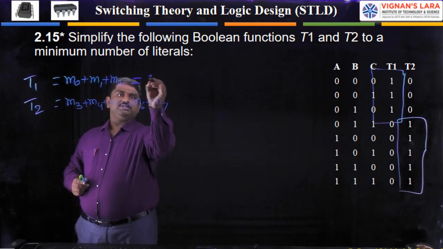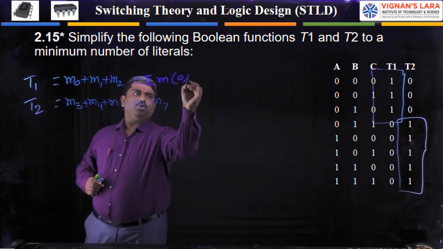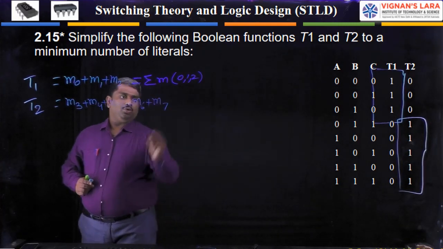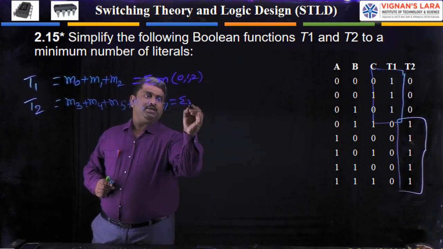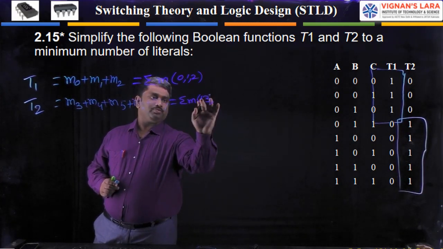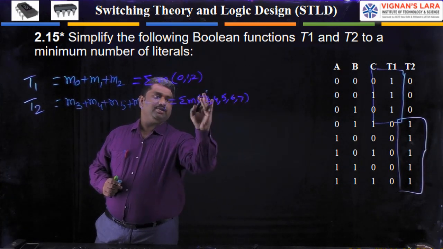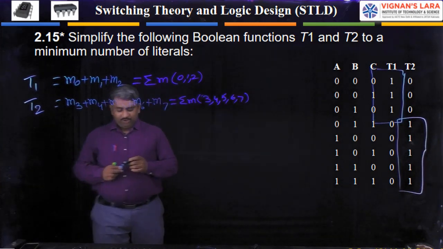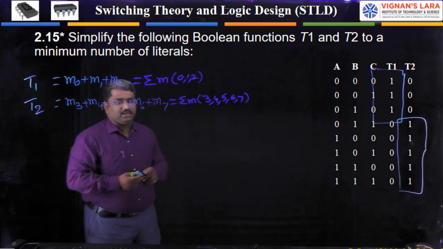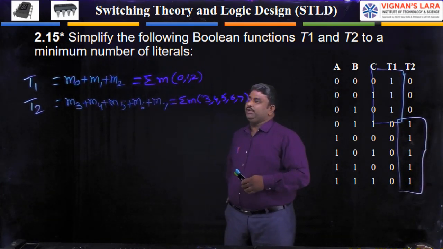That is sigma of small m of 0, 1, 2. Next, this one is sigma of small m of 3, 4, 5, 6, 7. So these are the given input functions. Let us come to here.